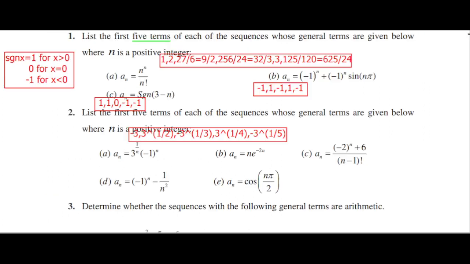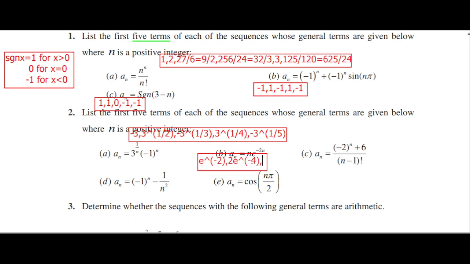Question number B. For the first term, let's substitute 1 here: e to the power of minus 2. This is the first term. Let's substitute 2 here: 2 times e to the power of minus 2 times 2, minus 4, comma.